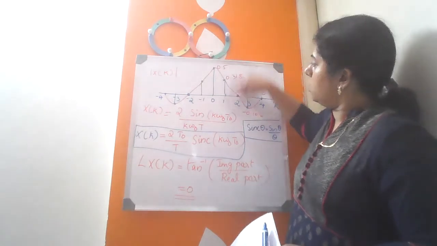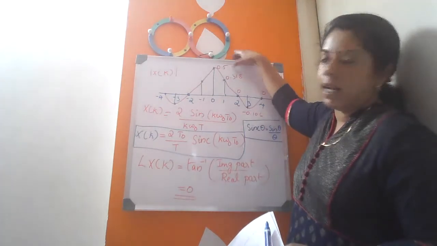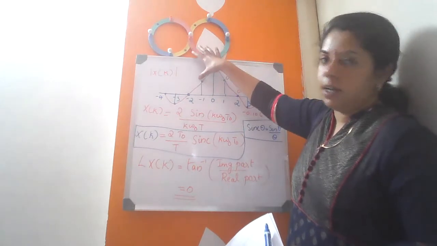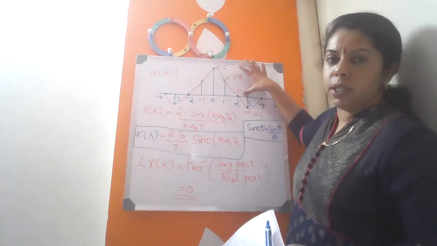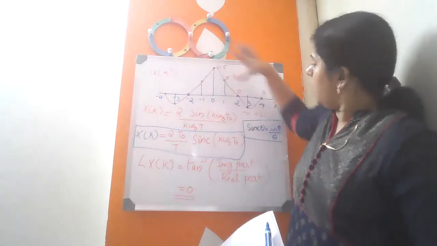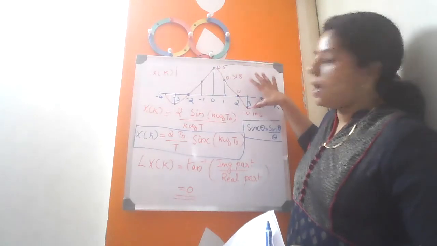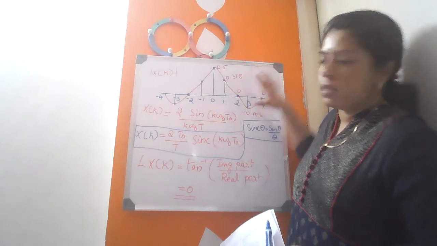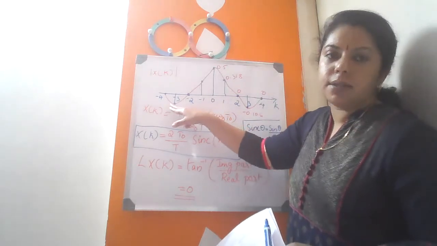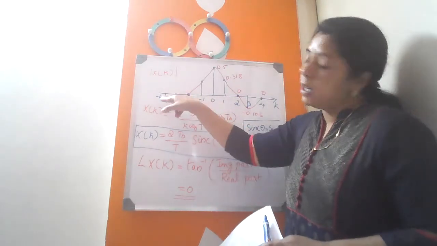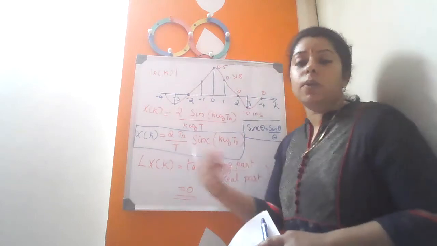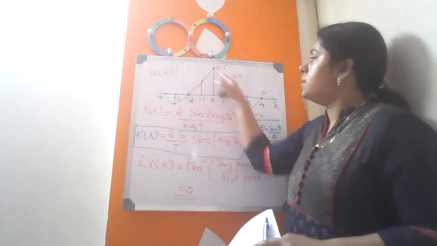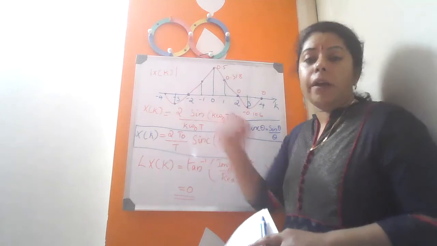At k equal to +1, it was 0.318. This side also 0.318. At k equal to 2, it is 0. Here also 0. At k equal to +3, it was -0.106, and here also -0.106. And at -4 and +4, again you will get 0. So these are the points you are getting.